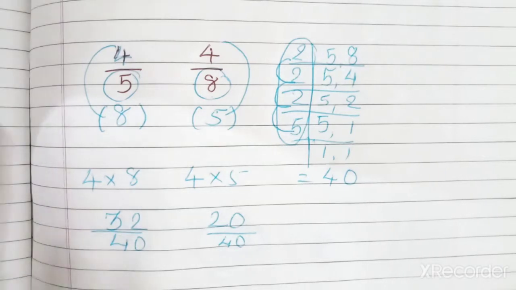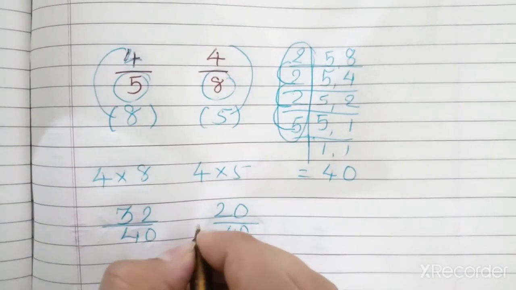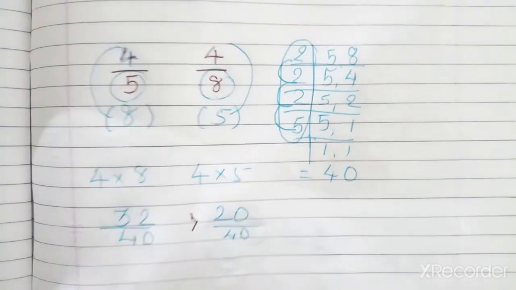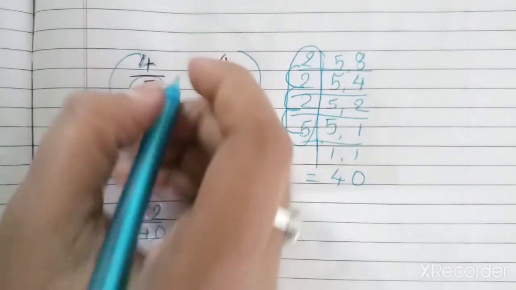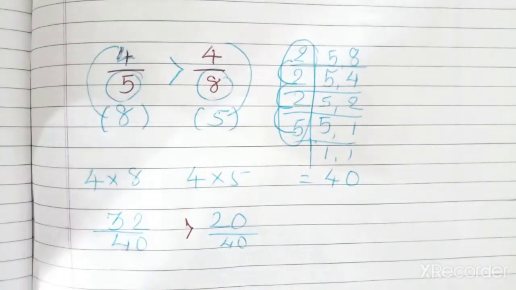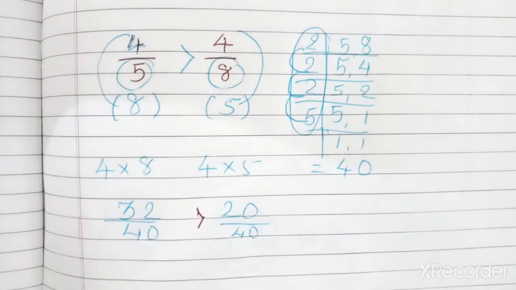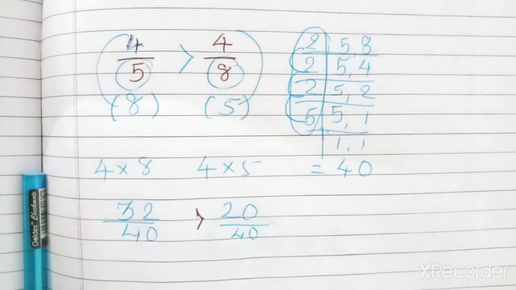Now compare these numbers. Is 32 by 40 greater or 20 by 40? 32 by 40. Your answer will be this. In this way, you can solve comparisons between these numbers.